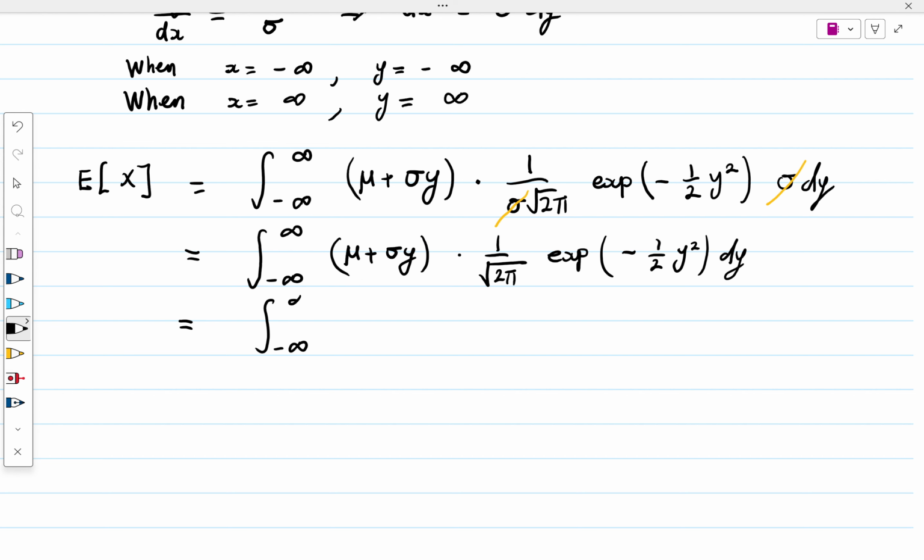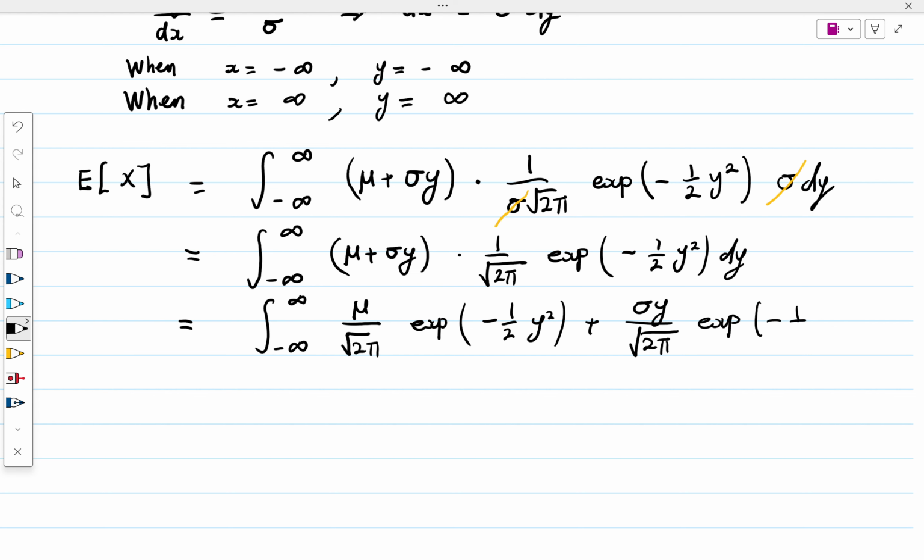Becomes negative infinity to infinity of mu over square root 2 pi exp of negative a half y squared, and then plus sigma y over square root 2 pi exp of negative a half y squared dy, and we're integrating that all.